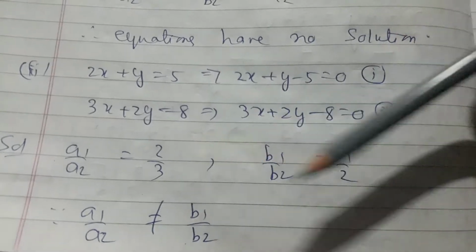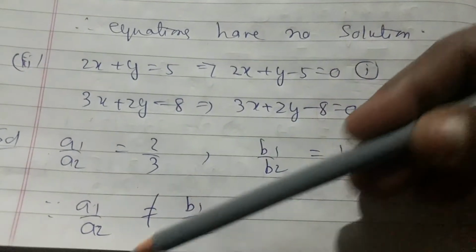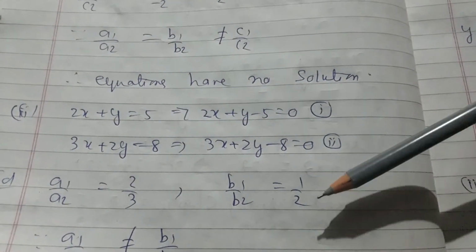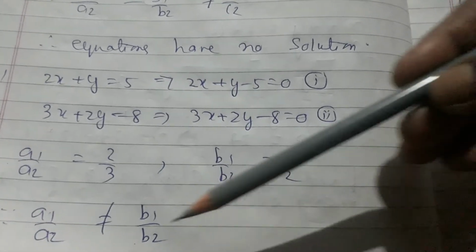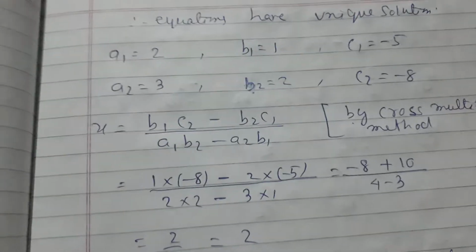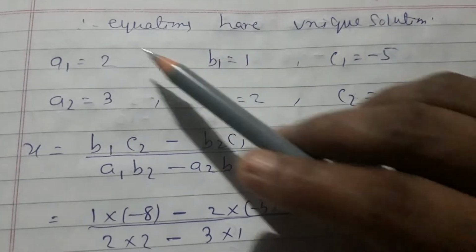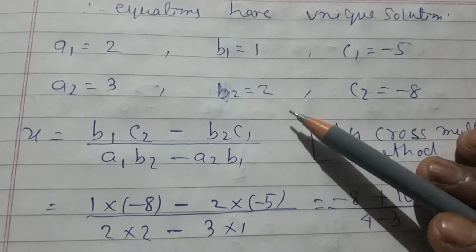These two ratios are different. So a1 by a2 not equal to b1 by b2. In this case the ratio c1 by c2 you don't take out. Now it is a unique solution because a1 by a2 not equal to b1 by b2. Since the equations have a unique solution, we have to proceed.